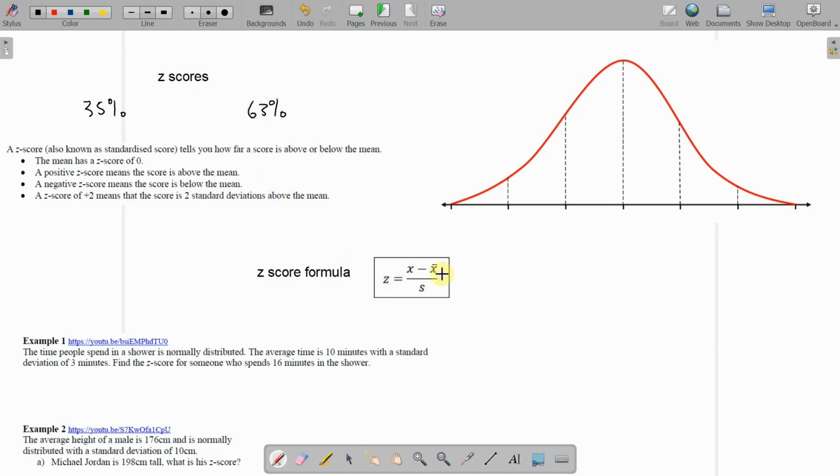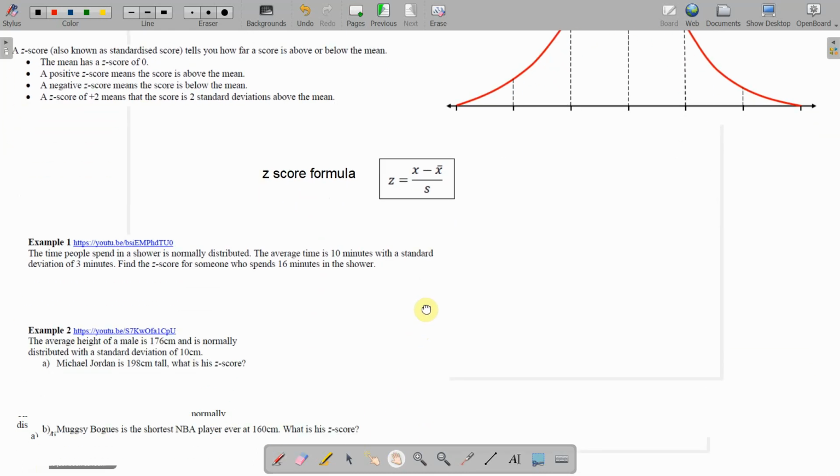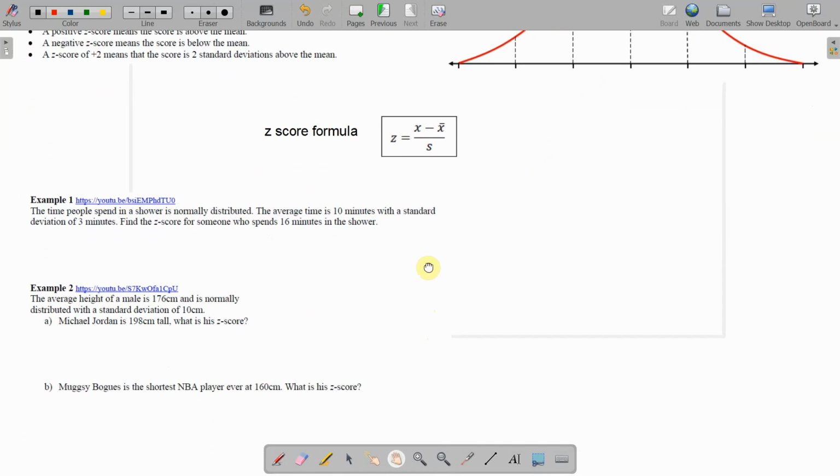And here is a formula to work out the Z-score. And just remember, that's a score that compares your score with the average. So let's see what this means. Now, we've got three examples. So to find the Z-score, let's see what the first one says.